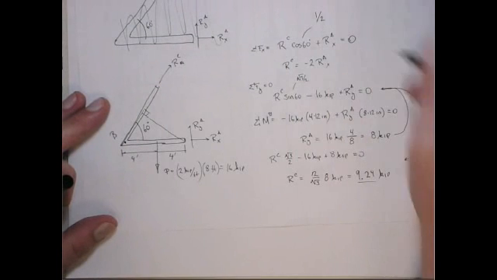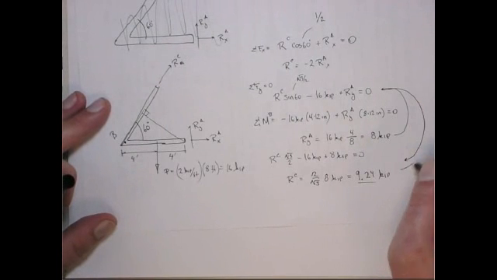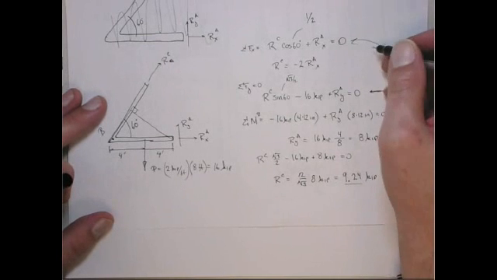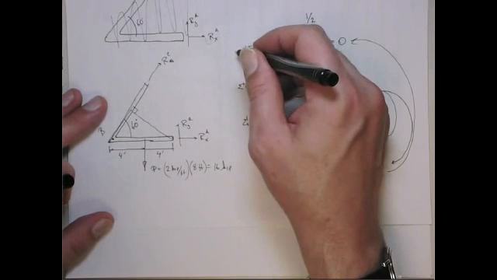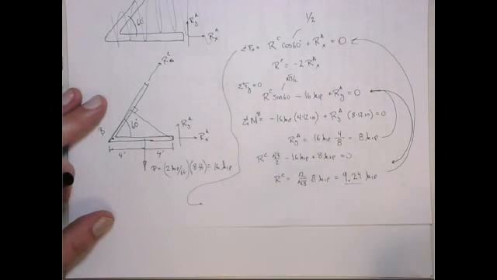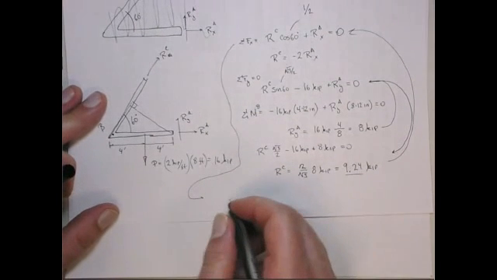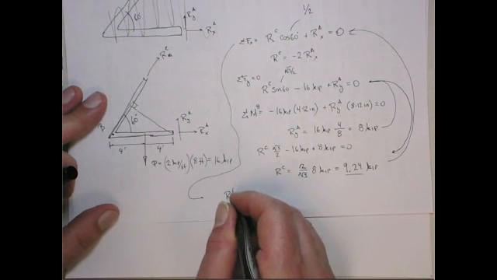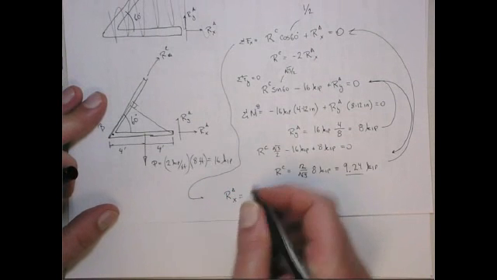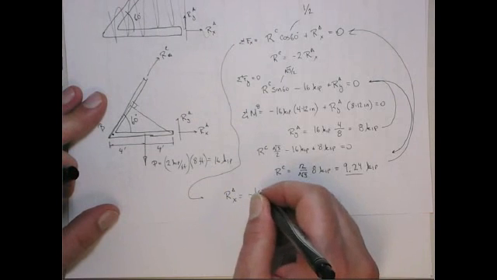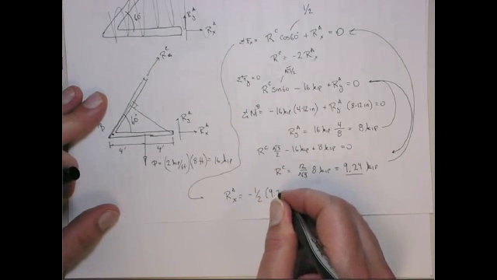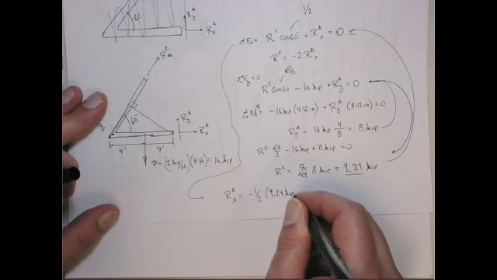from this equation. So now I can take these values, put them into the sum of forces in the x direction, and that'll give me the following equation. Rx at A equals minus 1/2 Rc, but I know that Rc is 9.24 kips.